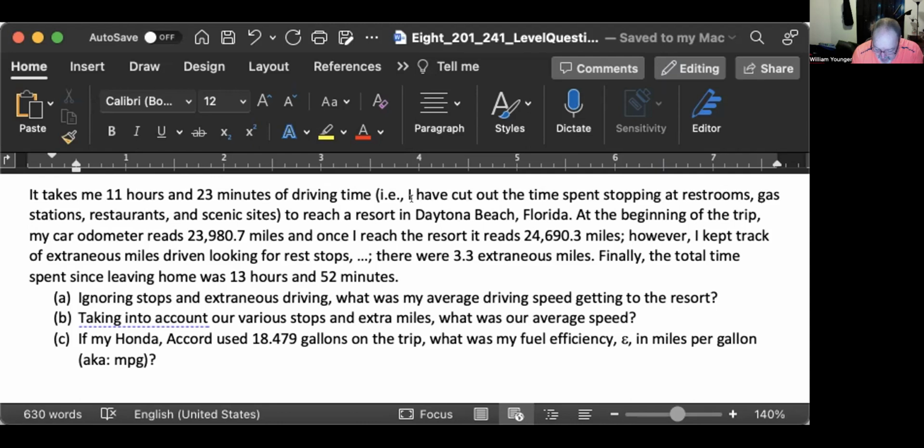And then the second was 24,690.3 miles. That'll come in handy. And I also said my extraneous miles were 3.3.